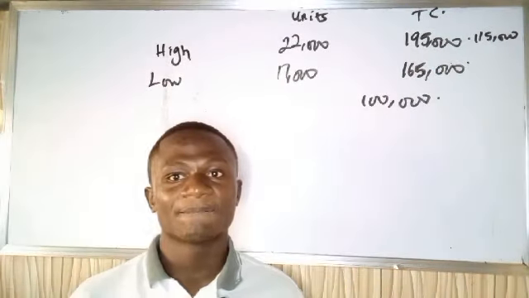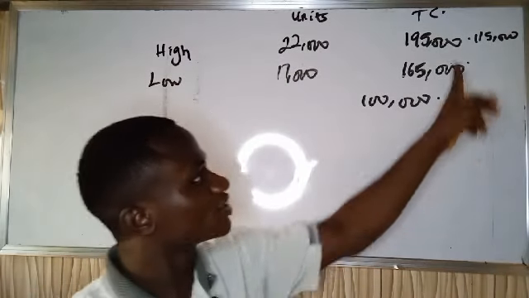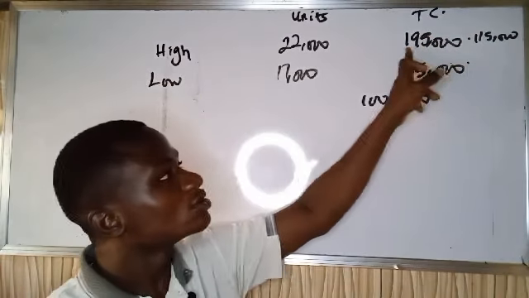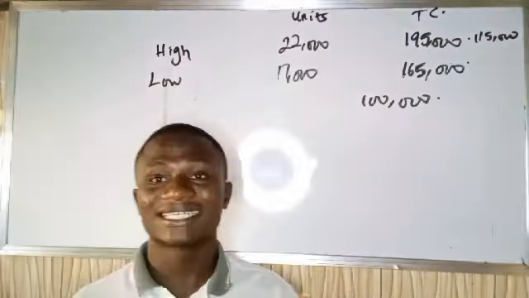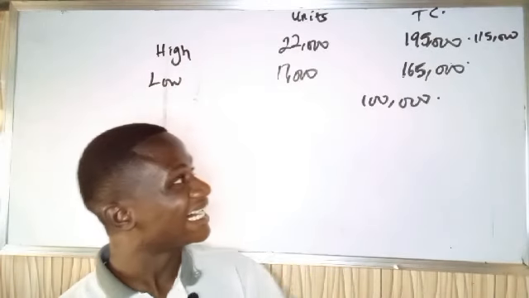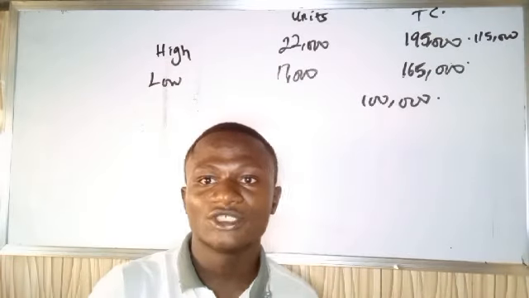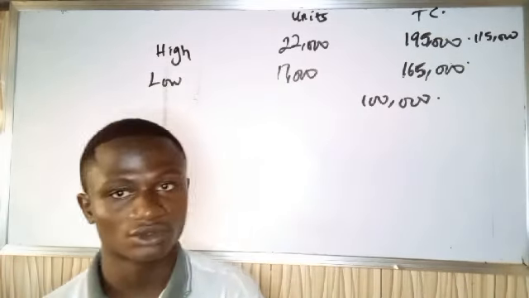So know that if you are subtracting 15,000 from this one, what makes this one have an extra 15,000 is that we are producing more than 19,000 units, and this 100,000 is the fixed cost when you are producing less than 19,000 units.